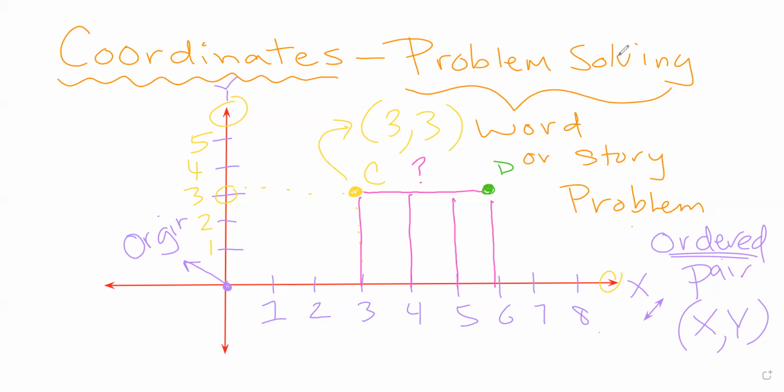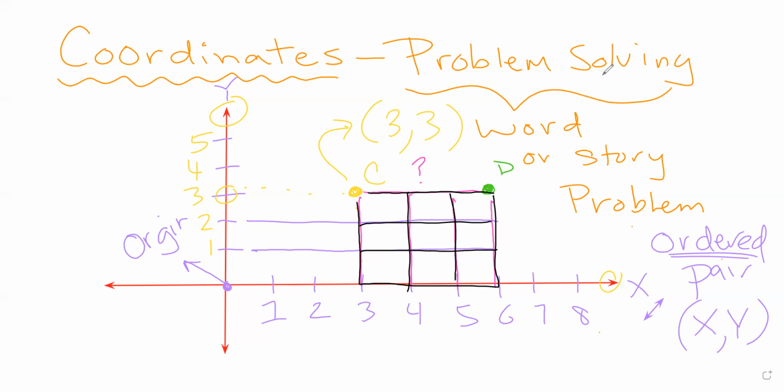They're invisible, but we can draw them in to make sense of them. This is the 2 going across. And if I connect all that, you can see I've made an array of rows and columns, and I can count.